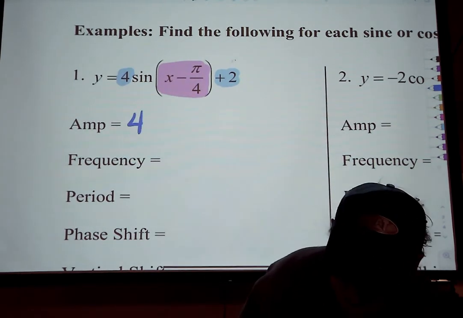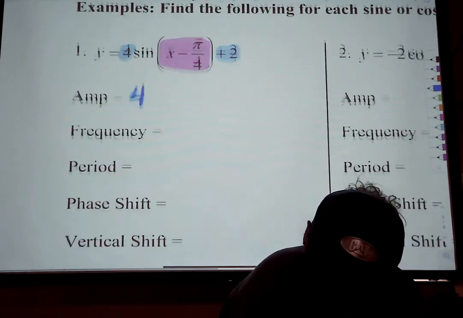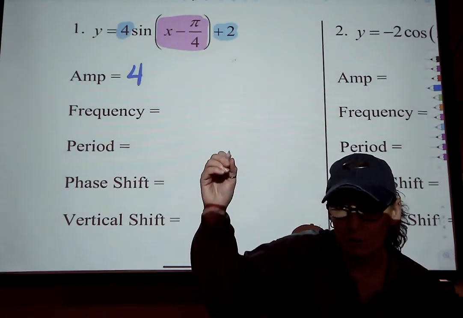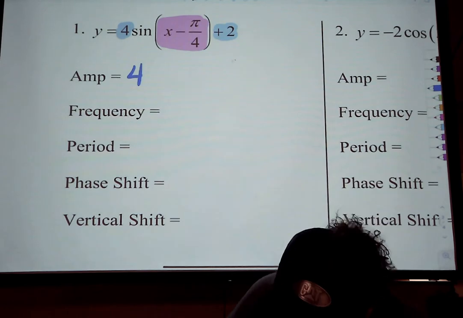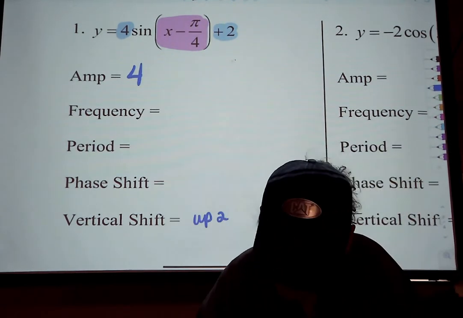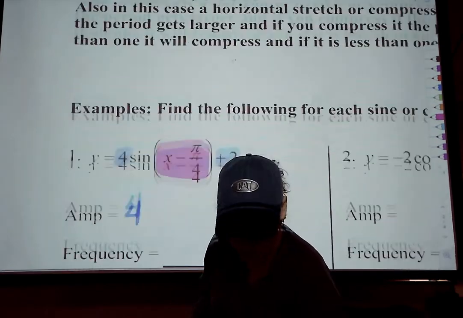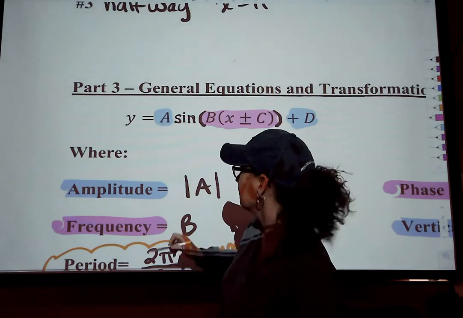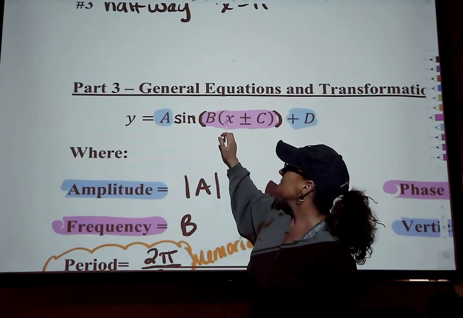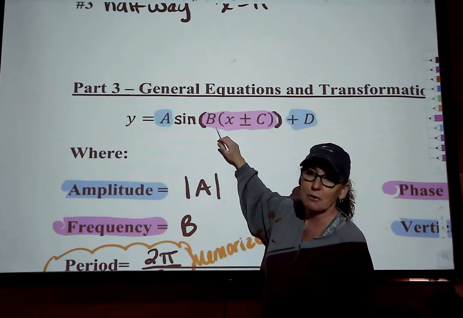Okay, that was easy. Let's do vertical shift because I still have a blue pen. Vertical shift is up 2. That was easy. Okay. Frequency. This frequency is the number that you see in front of the X. I know, there's parentheses here.